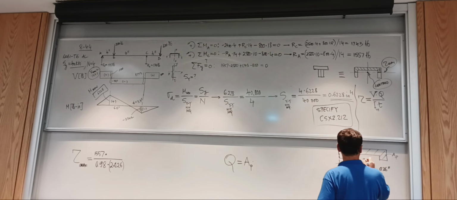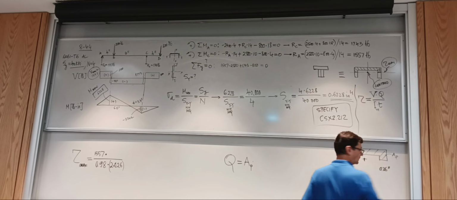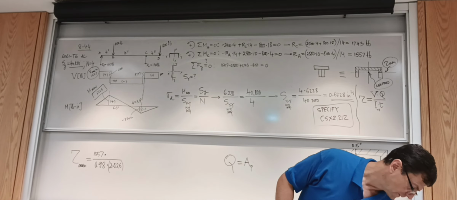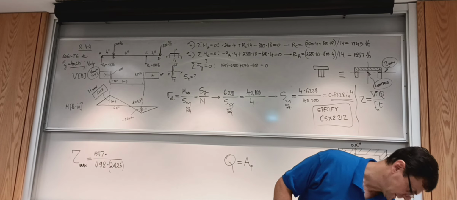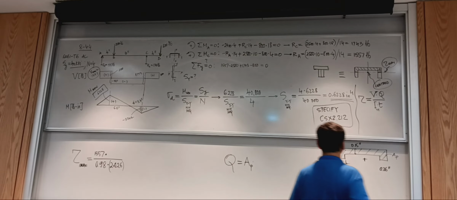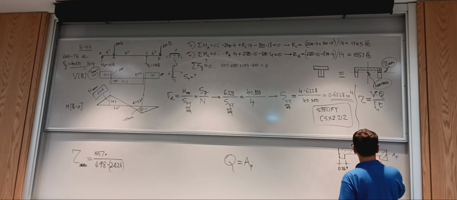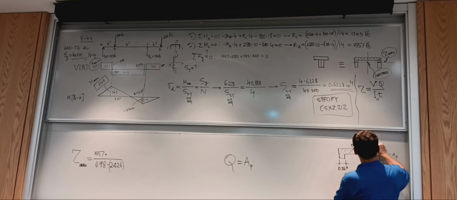Okay. And then I have this distance that positions the centroid, the lowercase x value, and that's 0.73 inches. So I have this distance now. Okay, so let's see what the area is, and then we need to calculate where the centroid is.